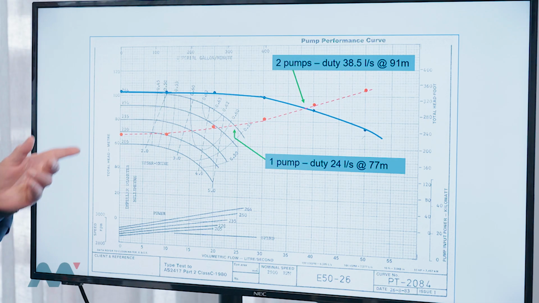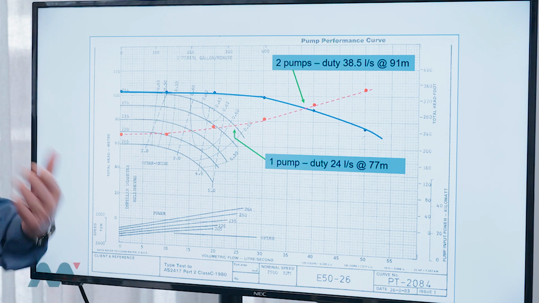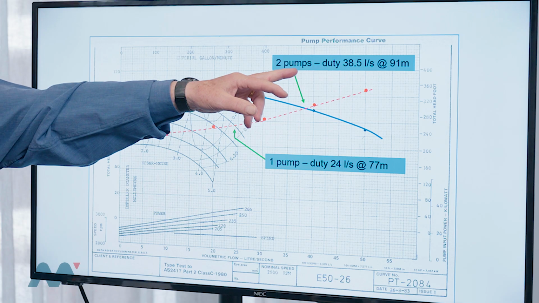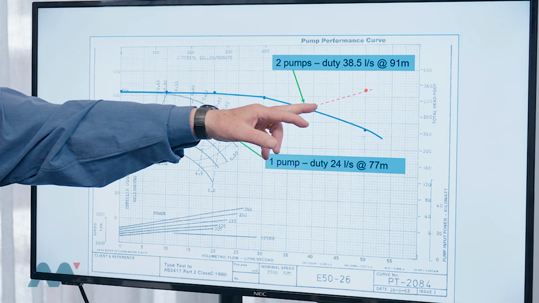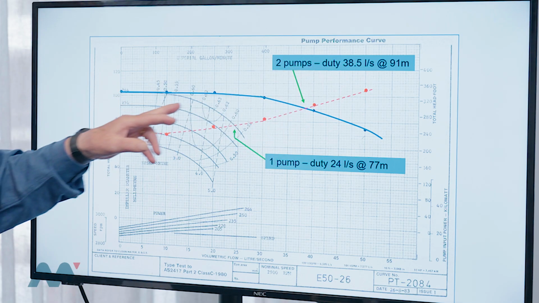It isn't 48 because the increase in resistance of the pipework, because of the increased flow, is actually self-throttling. So we get a situation where the two pumps duty is 38.5 litres a second, but at 91 metres. And that's the effect of the self-throttling condition when you put two pumps in parallel.